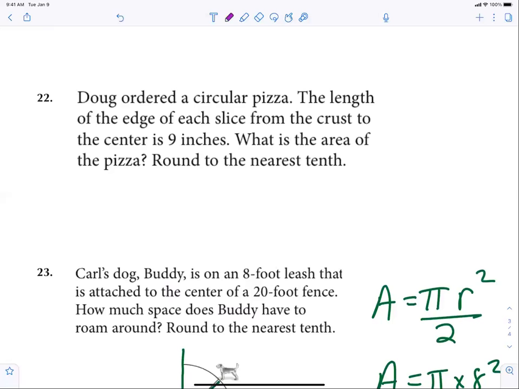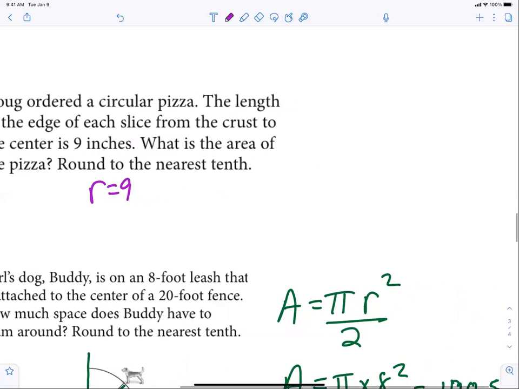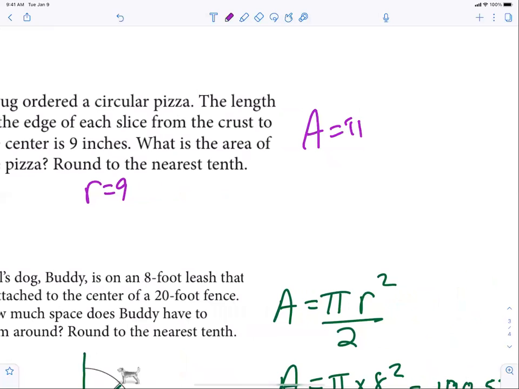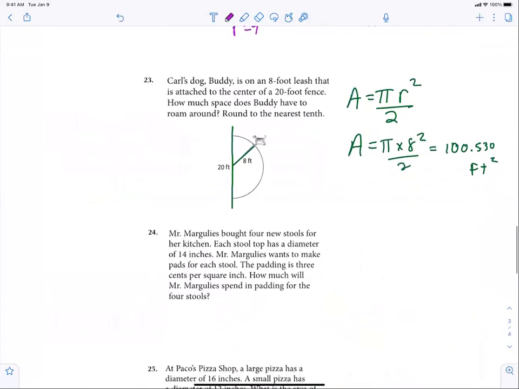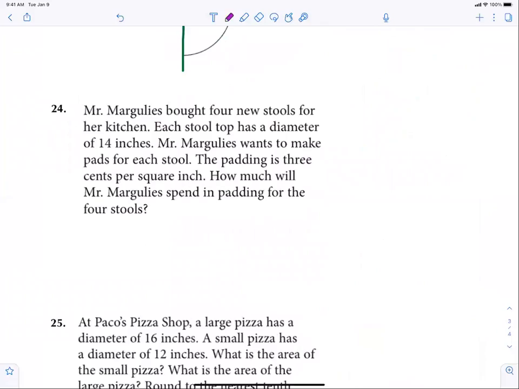So all it's doing is telling me the radius is 9. A is equal to pi times 9 squared. That's equal to 254.469 inches squared. Perfect.